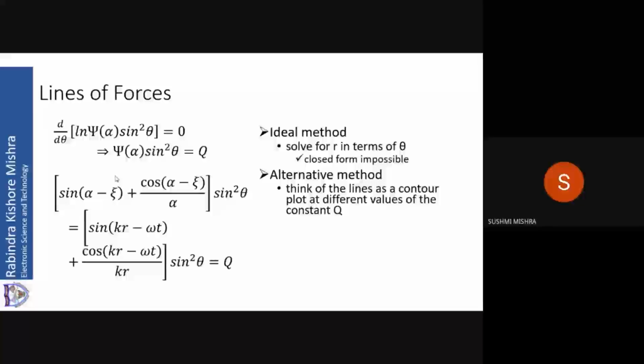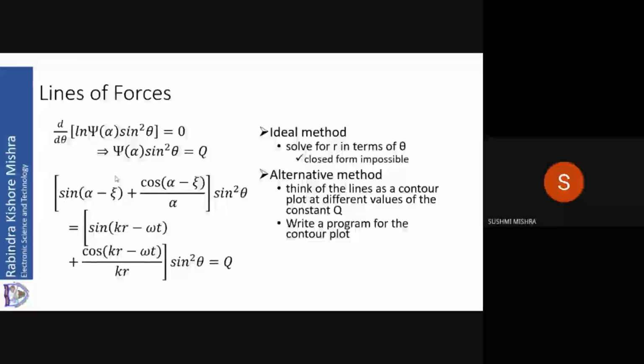For that constant, the ideal method is to solve r in terms of theta. It is very difficult to find a closed form relationship between r and theta. Although there is a relationship in terms of their derivative dr by d theta, a closed form relationship does not exist. We found an alternative method.